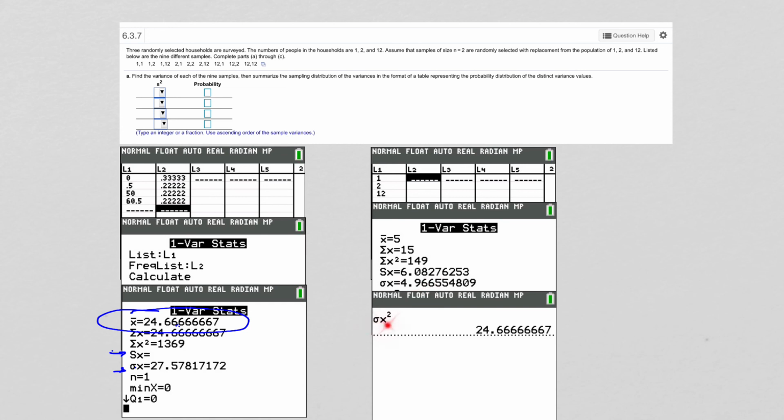And then I took that value and squared it and got 24.666. I got the same value that I did over here, and that's what I expected. So since these two are the same, then we say that the sample variance is a good estimator of the population variance. So that's how you do that problem.